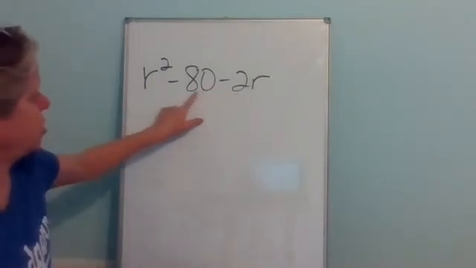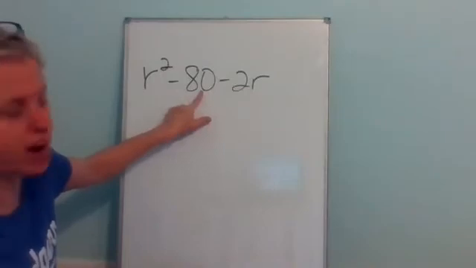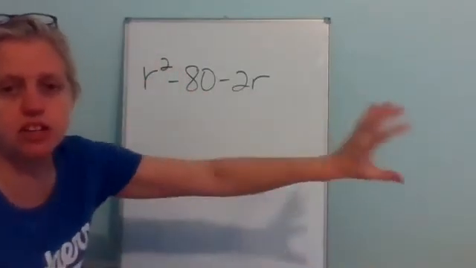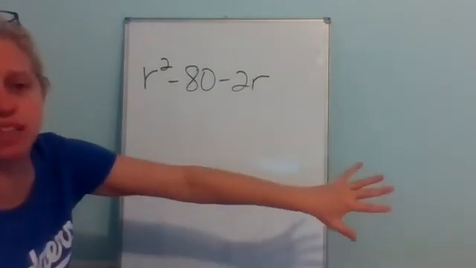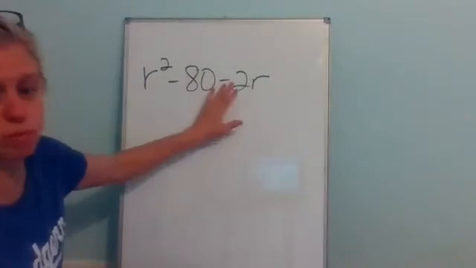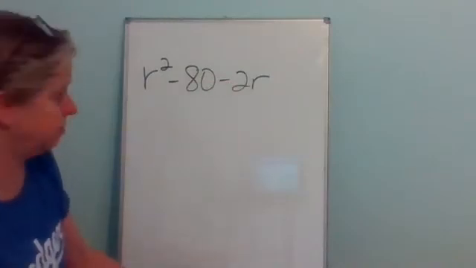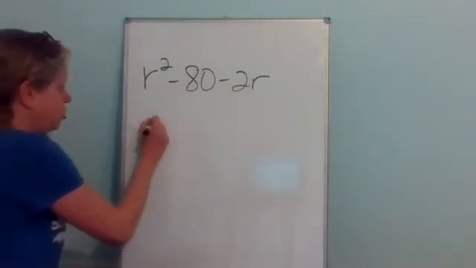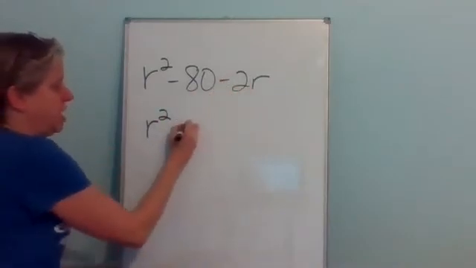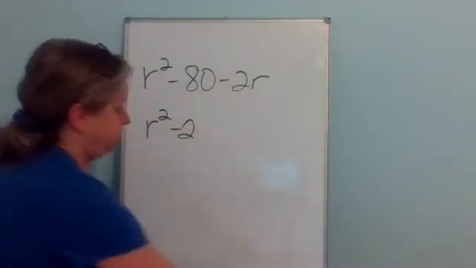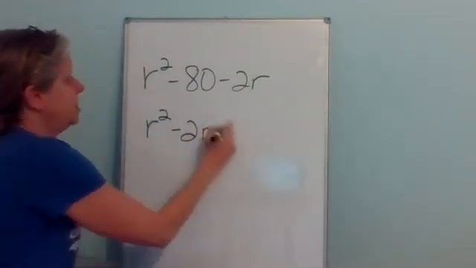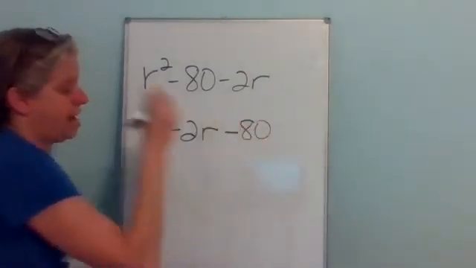Because look, these terms are flip-flopped, right? After r squared should come your r term, and then your constant always comes at the very end. So I just need to flip-flop these two terms before I start factoring. So I have the r squared. Then I'm going to need the r term, which is -2r. And then the minus 80.